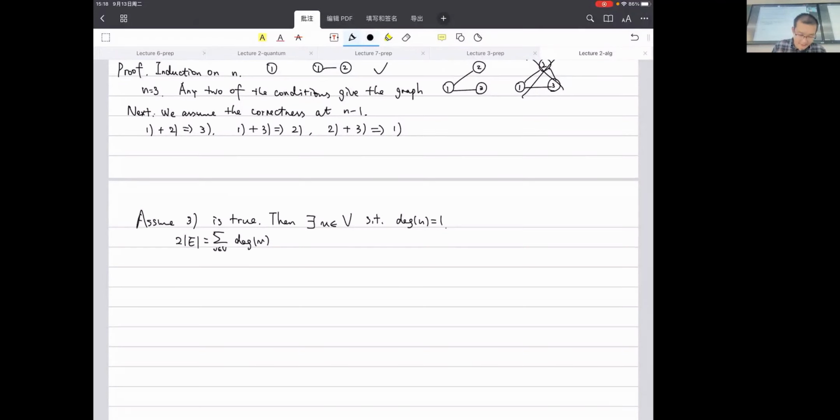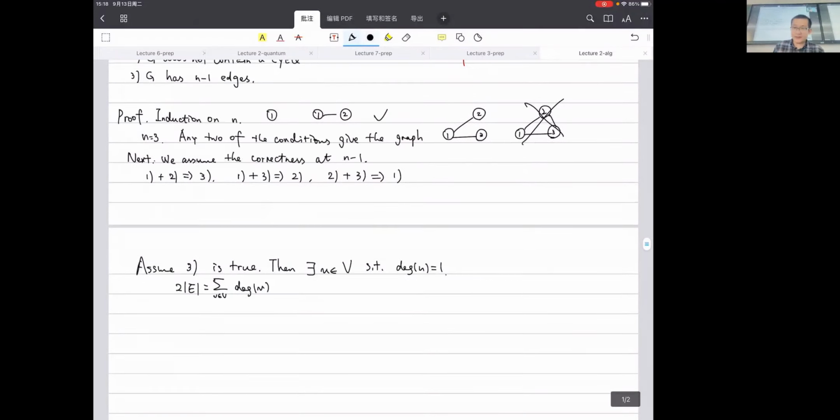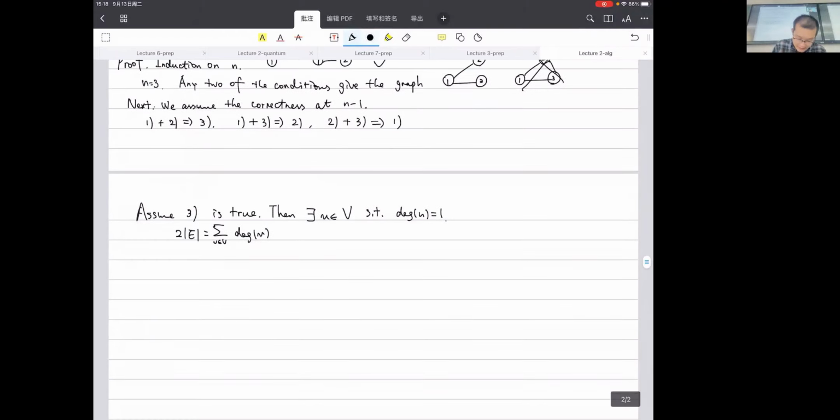By the assumption of 3, G has n-1 edges, so this equals 2n-2. All the terms in this summation are non-negative integers, and there are n terms, because the number of vertices is n. We can have this fact by the pigeonhole principle. Such a U exists.